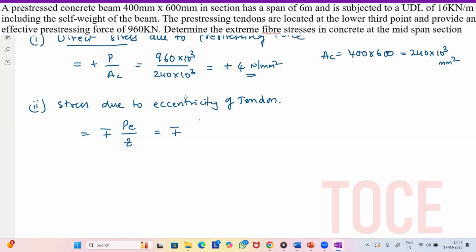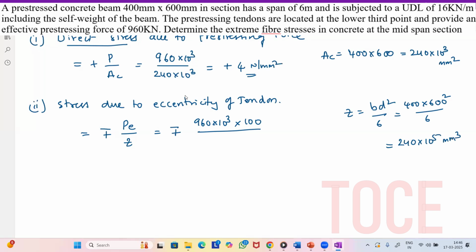Minus or plus, P is 960 into 10 to the power of 3, and eccentricity is 100, divided by section modulus. So section modulus, we know Z formula, it is bd square by 6, right? So if you substitute, it is 400 into 600 square divided by 6. So the section modulus will be 240 into 10 to the power of 5 mm cube. So the value will be minus or plus 4 Newton per mm square.